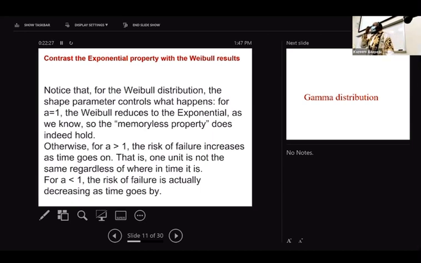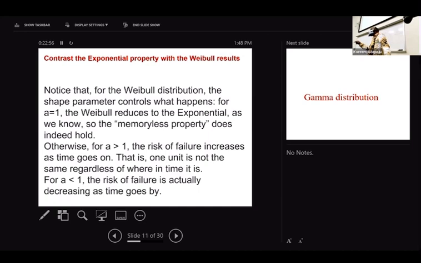When you have a Weibull distribution, you have a memory property. Okay, now when A is greater than 1, it has an implication. When the shape parameter is greater than 1, you're saying the risk of failure increases as time goes on. When it is less than 1, it decreases as time goes on. So that is the difference between the exponential and the Weibull.